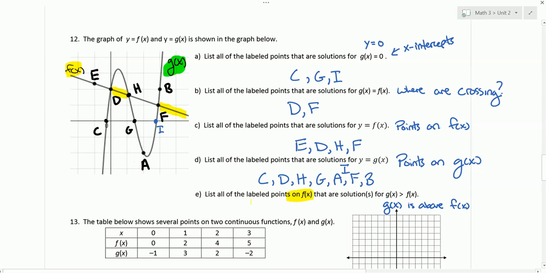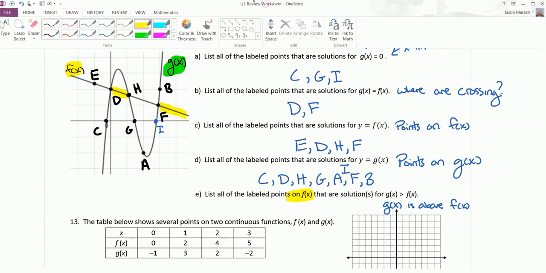So list all the labeled points on f of x that are solutions for g of x greater than f of x. I don't see any points where that's true, because point D and point H is when they're equal, and there's nothing in between them, and point F is where they're equal, and there's nothing to the right of that. So there are no points that satisfy that.